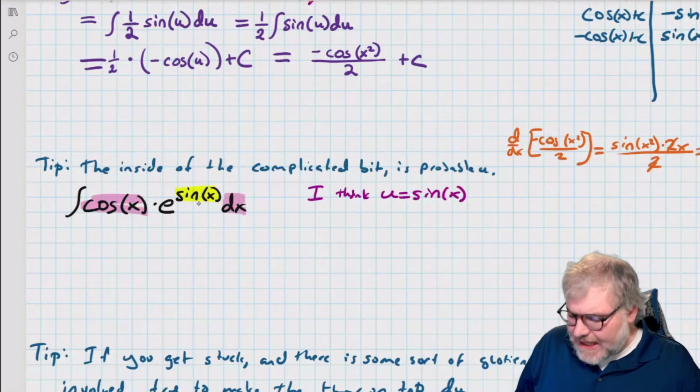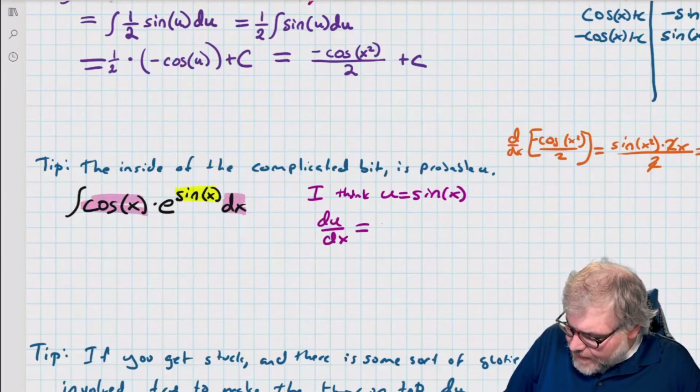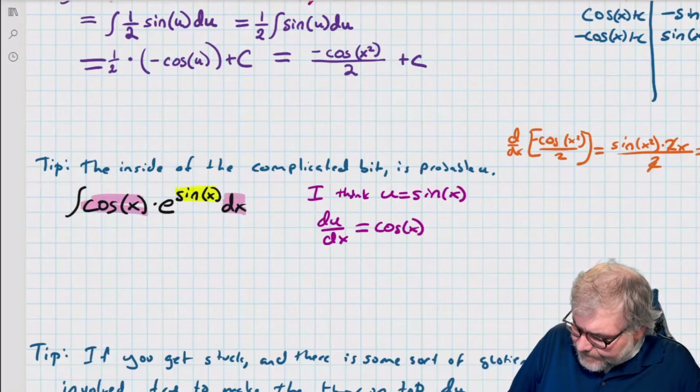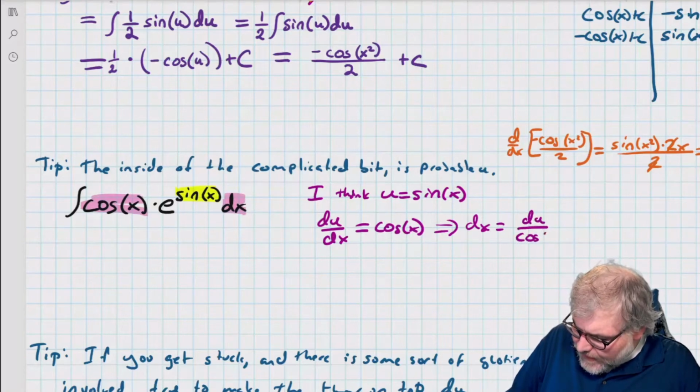Right? That's kind of the complicated bit. So if I took the derivative of u with respect to x, I would get cosine of x. So if I solve for dx here, I'm going to get dx equals du over cosine of x.